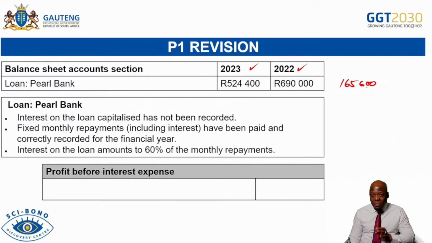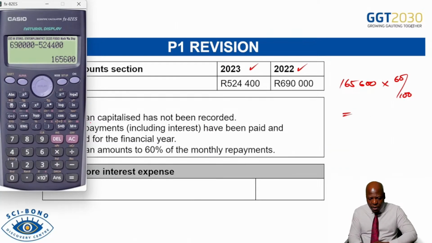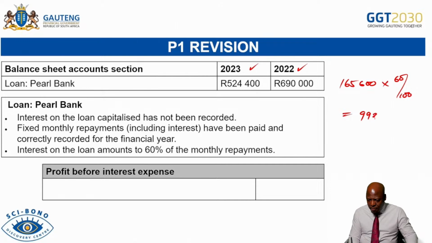Then we get 60% of that. So I'm going to come here and say 165.6 by 60%. That's going to give me 99,360. So I'll come here and then I'll now say interest on loan.